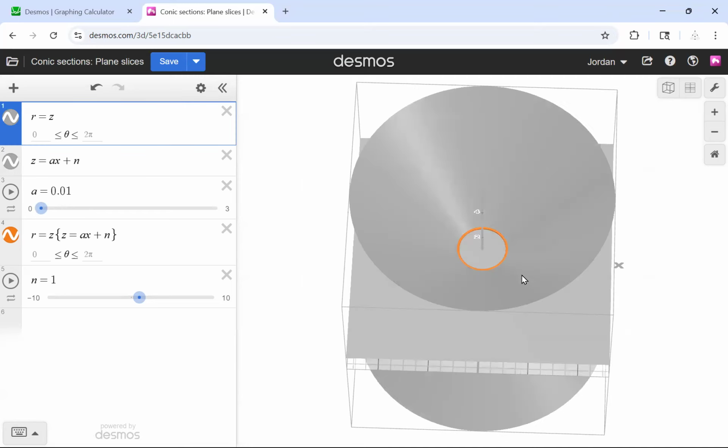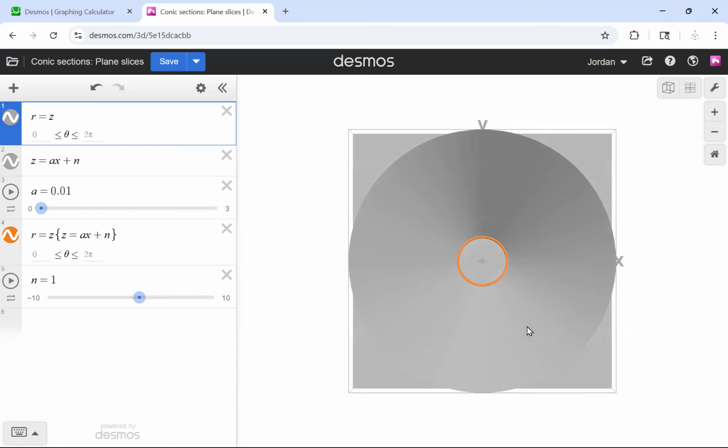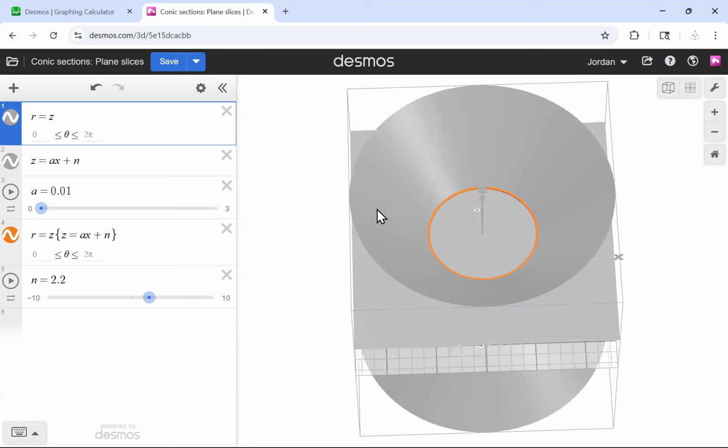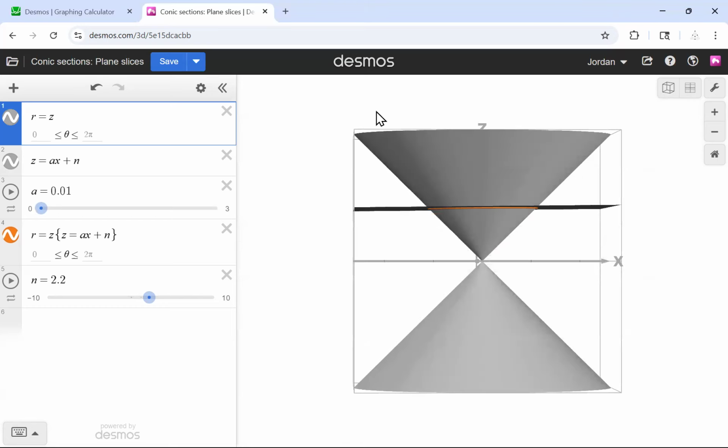So if the plane is flat, then where the plane and the cone intersect, we get a perfect circle. Now that circle can be bigger or smaller depending on the height of the plane.